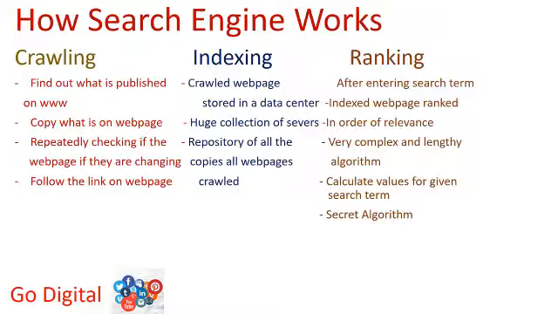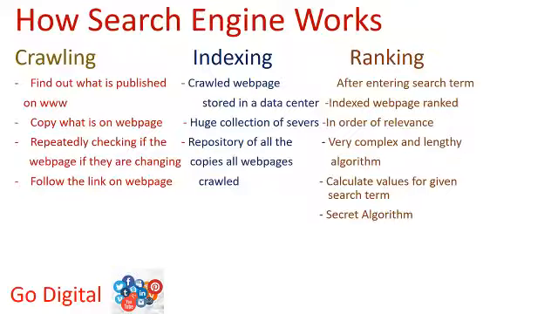It ranks them. The ranking is based upon a number of things, more than maybe 230 to 240 or even more dependencies. It depends upon the authority of your website. It depends upon the relevancy of your website. It depends upon how useful the information is that you provide.